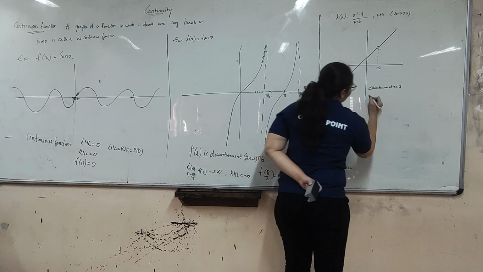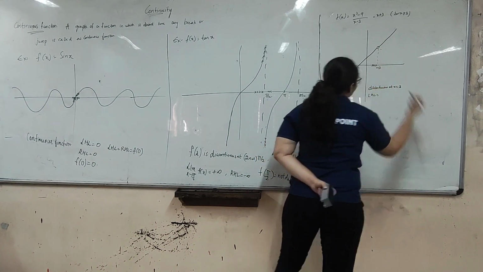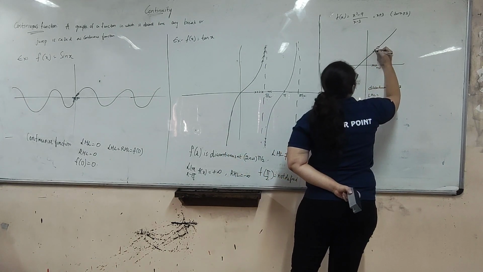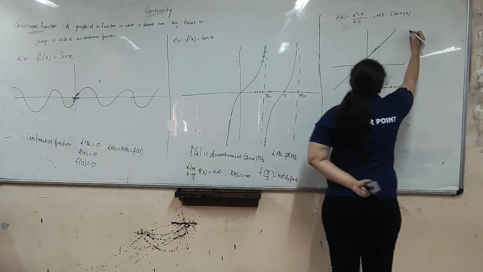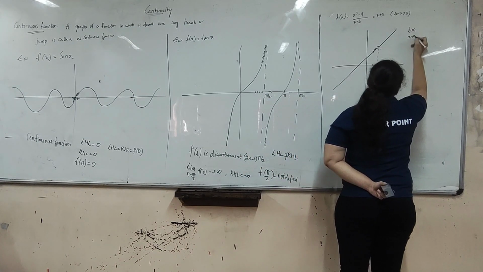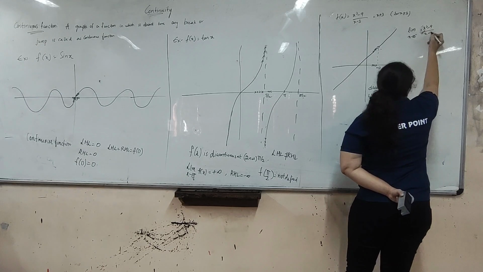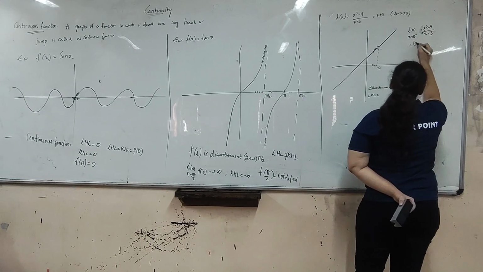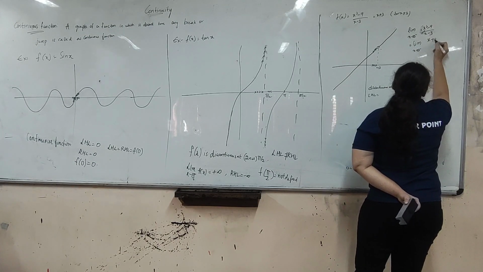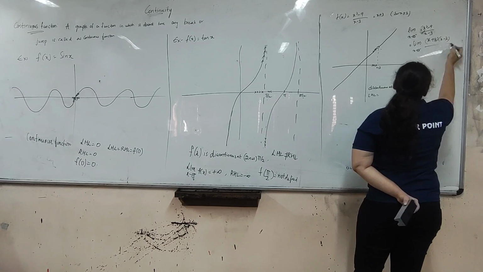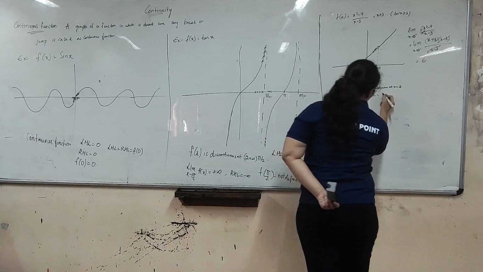Now let's see our LHL at x equals 3. When x tends to 3, it tends to 6. Limit as x tends to 3 minus of (x square minus 9) by (x minus 3), that is (x plus 3)(x minus 3) by (x minus 3). So LHL is 6.